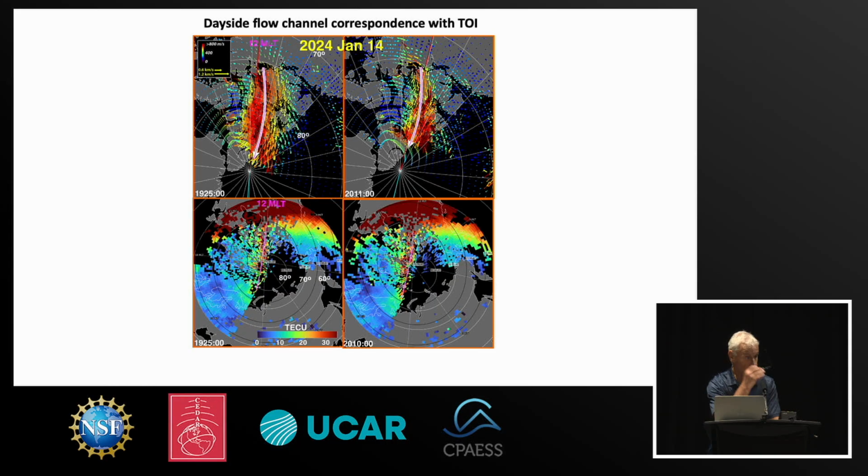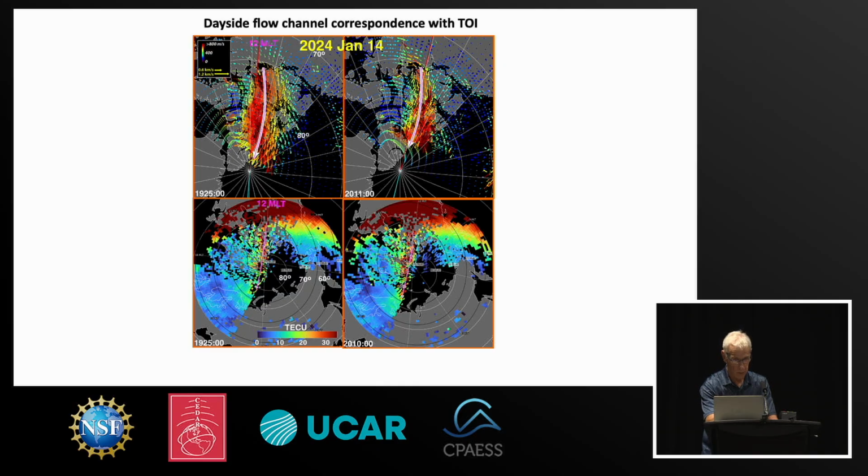Okay, this is just for fun. We were looking at the two-dimensional SuperDARN flows on the dayside, and you can see the flow channel, the way the flow structure is so narrow, going basically from the cusp all the way over into the pole. We pulled out TEC data from wherever, and could see that tongue of ionization following right along from this.